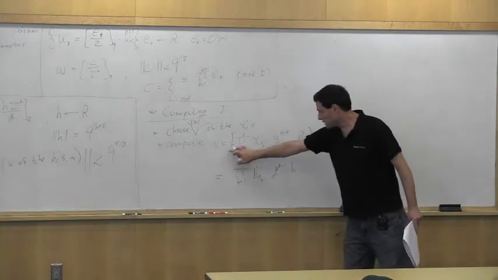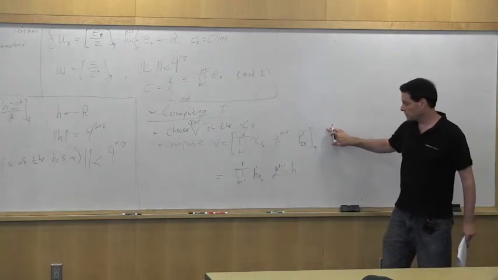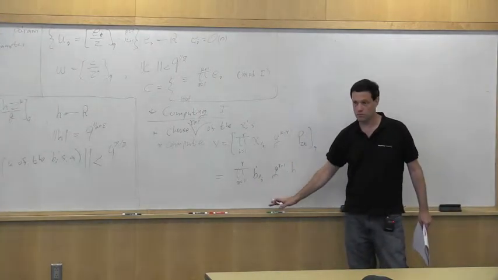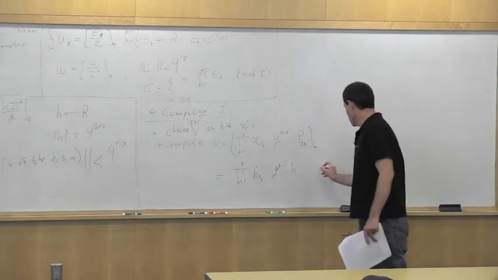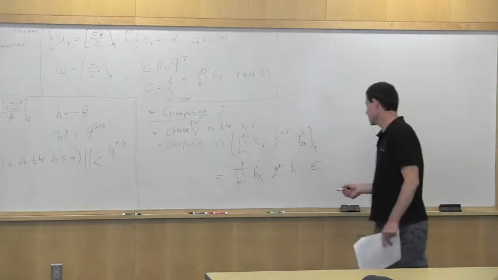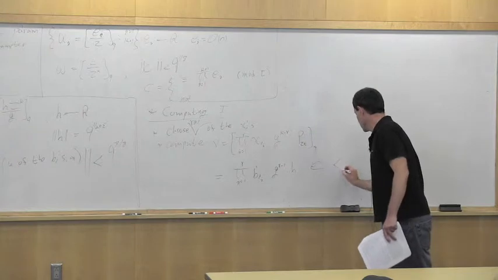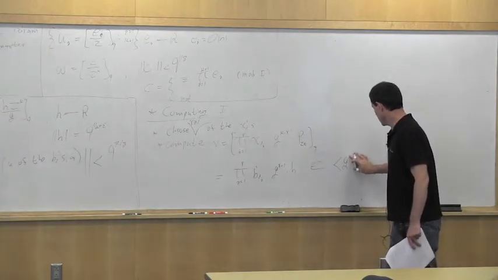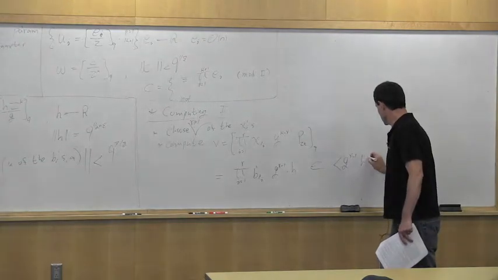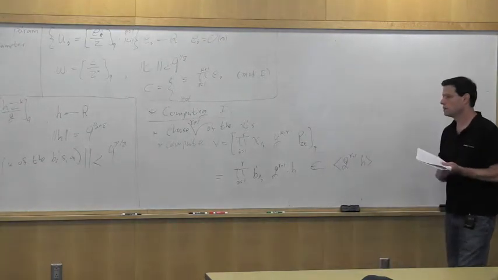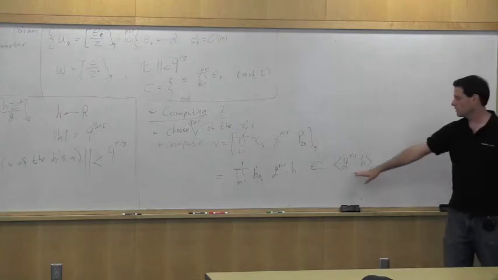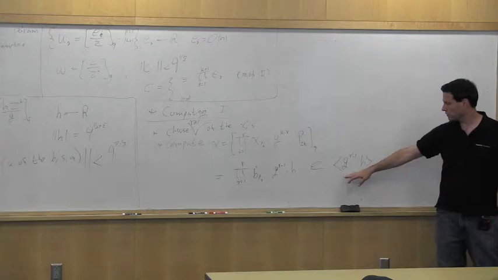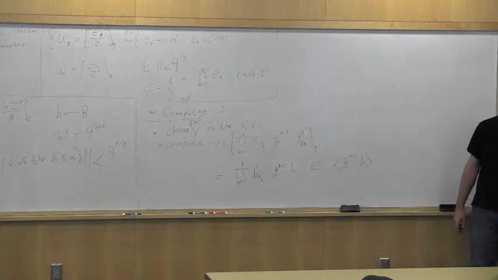If I take the short representative here, then this equality actually holds without mod. That is my point. Therefore, this is an element in the principal ideal generated by g to the r minus 1.